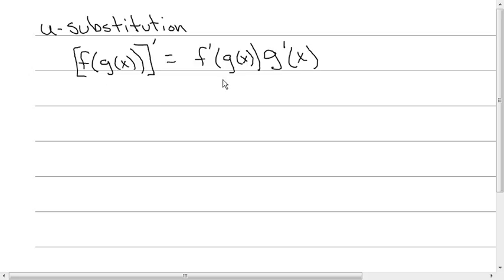Now if this is true, and it is, that's the chain rule, we could just integrate both sides.